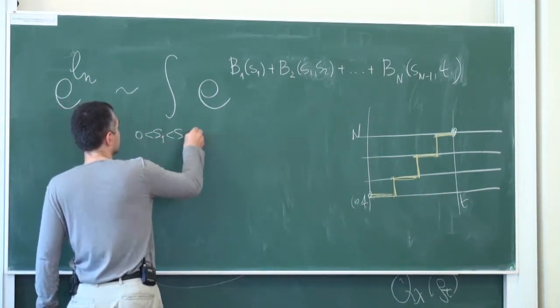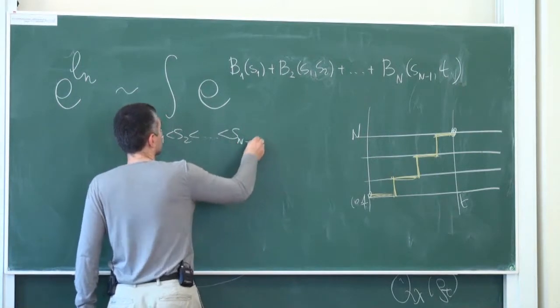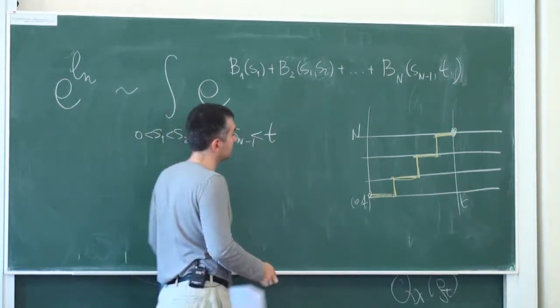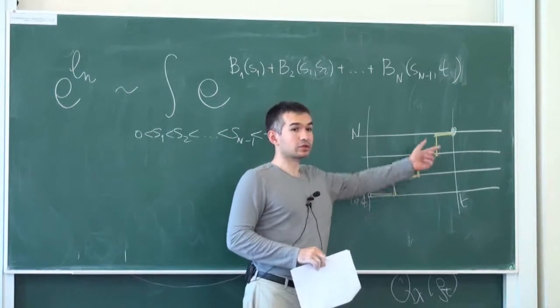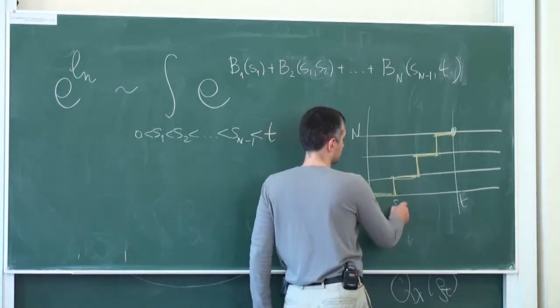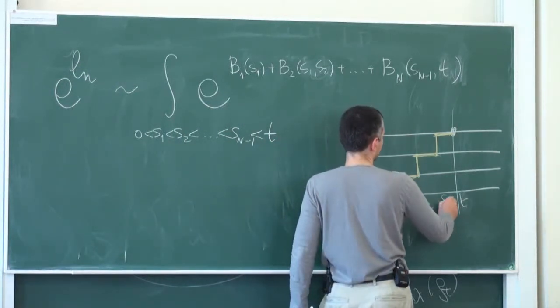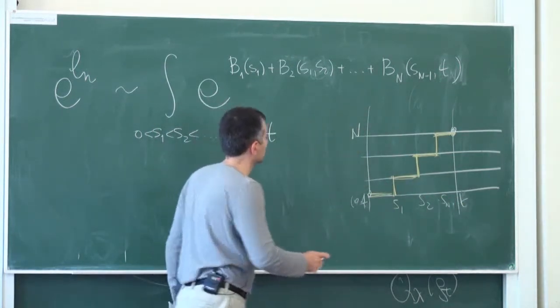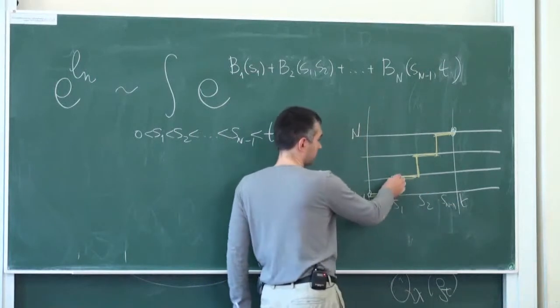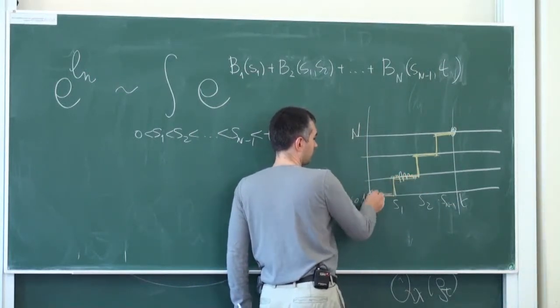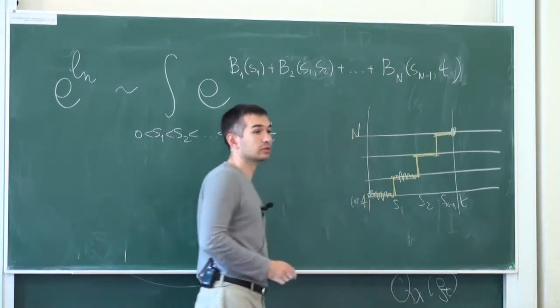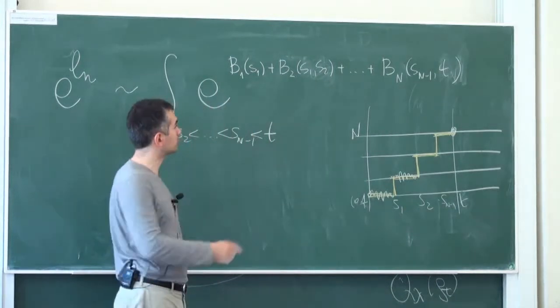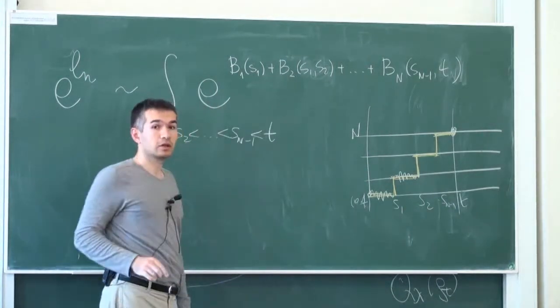So the S's that I have here are the jump locations for these paths. So this is S1, S2, up to Sn minus 1. And then as I go along the path, there is a Brownian motion on each of these lines. They are all independent. These are B's in my notation.